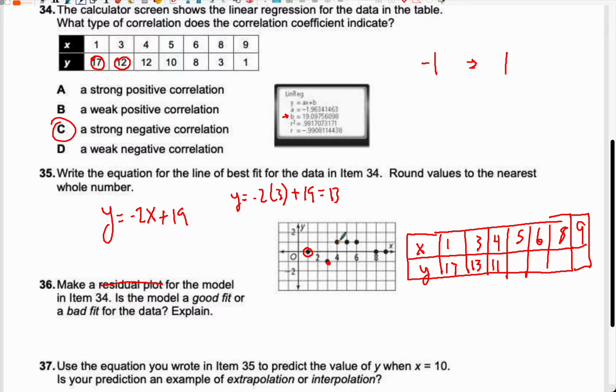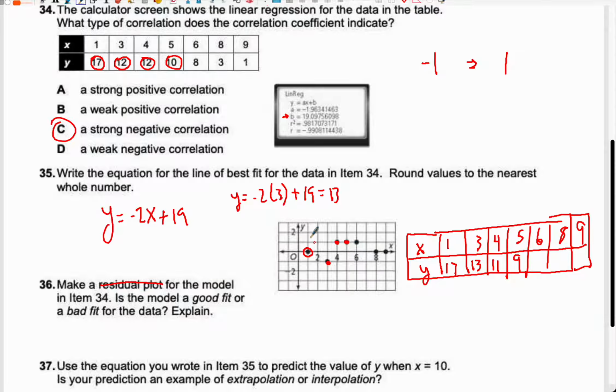So look where my residual plot is. It's 1 above the x-axis. All right, do you see where we're going with this? So now put a 5 into the equation. Negative 2 times 5 is negative 10. Negative 10 plus 19, that's 9. The equation says it should be a 9. What was my actual data value? It was a 10. That's 1 above 9. So look where my residual plot is. It's 1 above the x-axis.